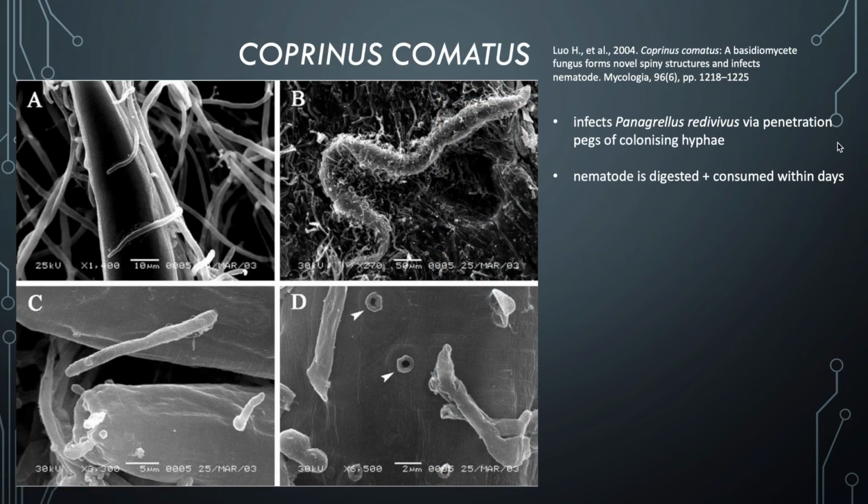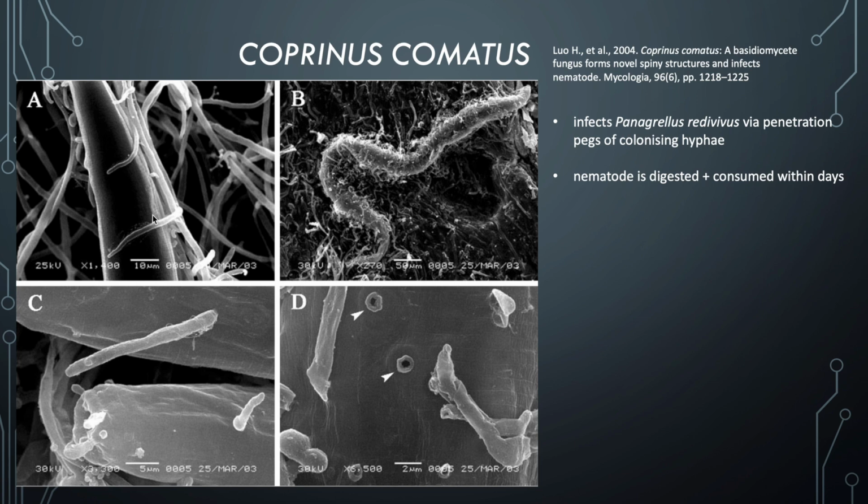And the way that the hyphae actually penetrate the nematode once the spiny structures have caused the damage is through penetration pegs. And here we have Panagrellus redivivus nematode that is being colonized by hyphae of Coprinus through these penetration pegs, and you can see them going in here.